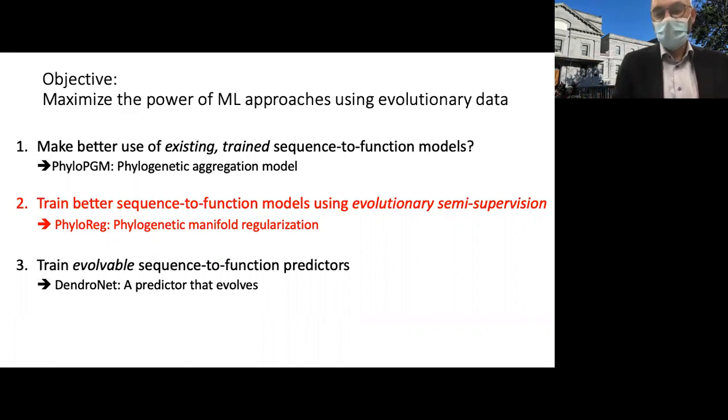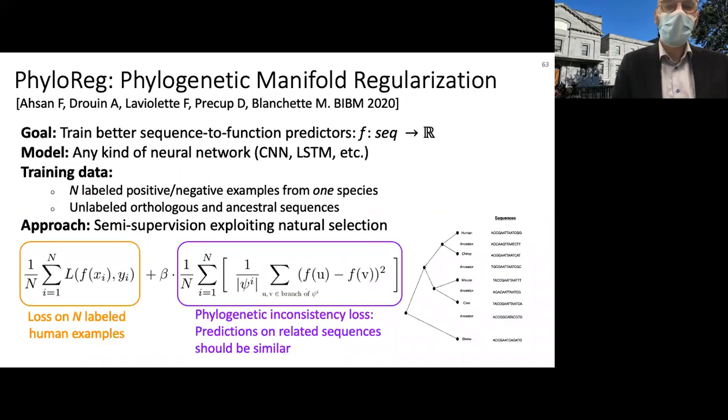And here we're going to use evolution as a guide to help us train complex models while still avoiding too significant overfitting. And so here's the general idea.